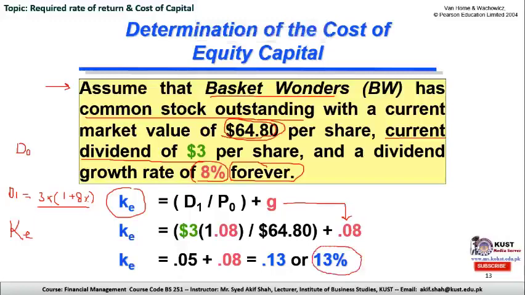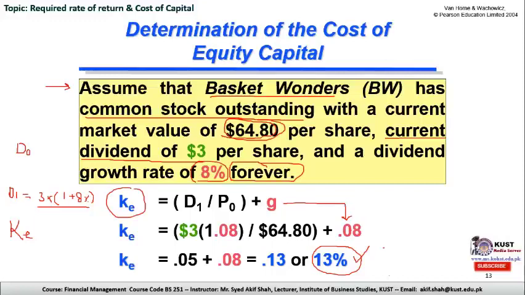So let me conclude the determination of cost of equity capital: on average, the company has paid out 13% to the owner of common stock under this case.